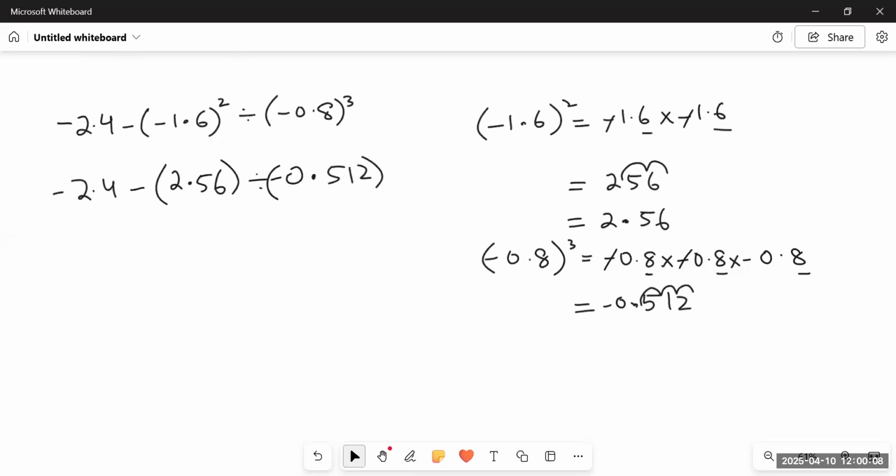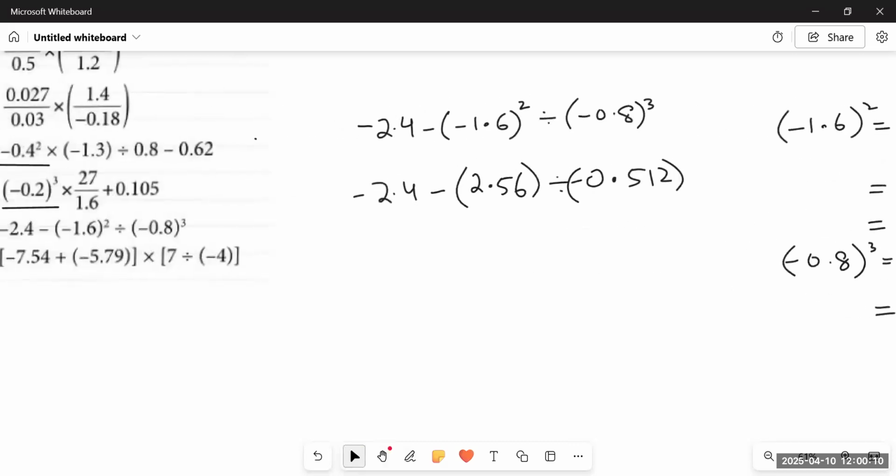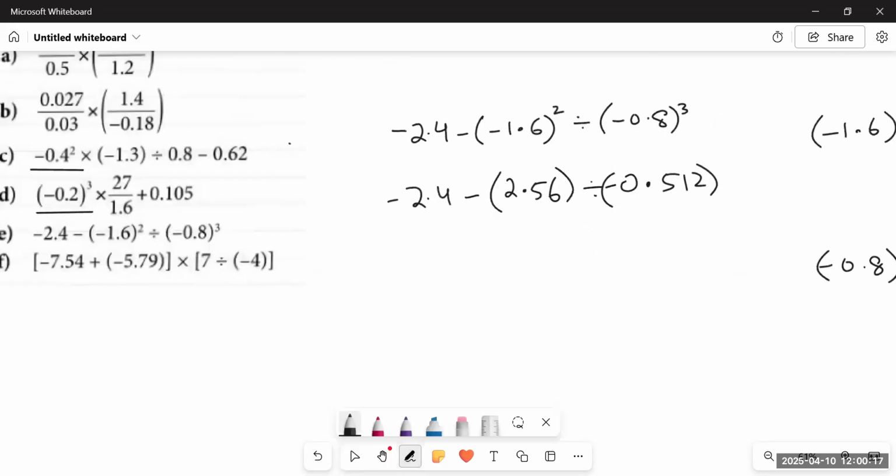Next, there is only subtraction and division. So for division, what are we going to do? We will keep it in the fraction form, like this: minus 2.4 minus 2.56 upon minus 0.512.